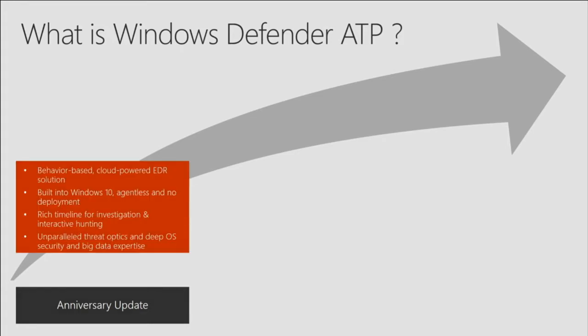It provided a rich tool for all your investigations so that you can understand the scope of a breach. Nothing needs to be deployed. Everything comes with Windows 10, and then it's a cloud solution in the backend.